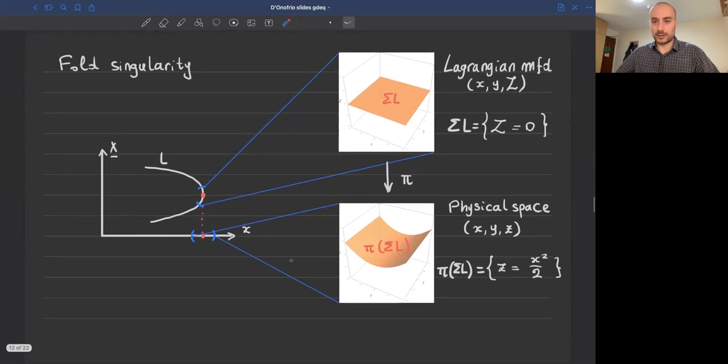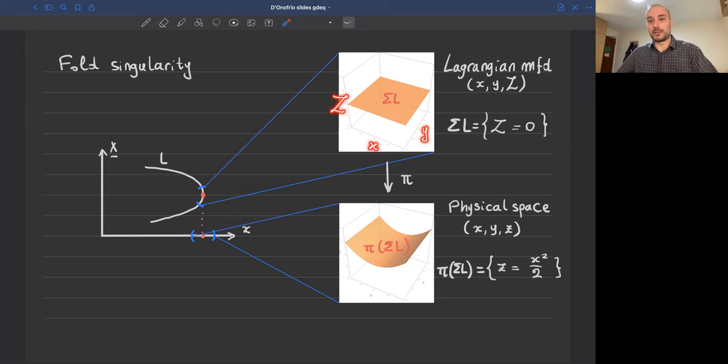So let's have a closer look at this solution. If we zoom in close to this singular locus, we will see something like this. This is capital Z, lowercase x, lowercase y.